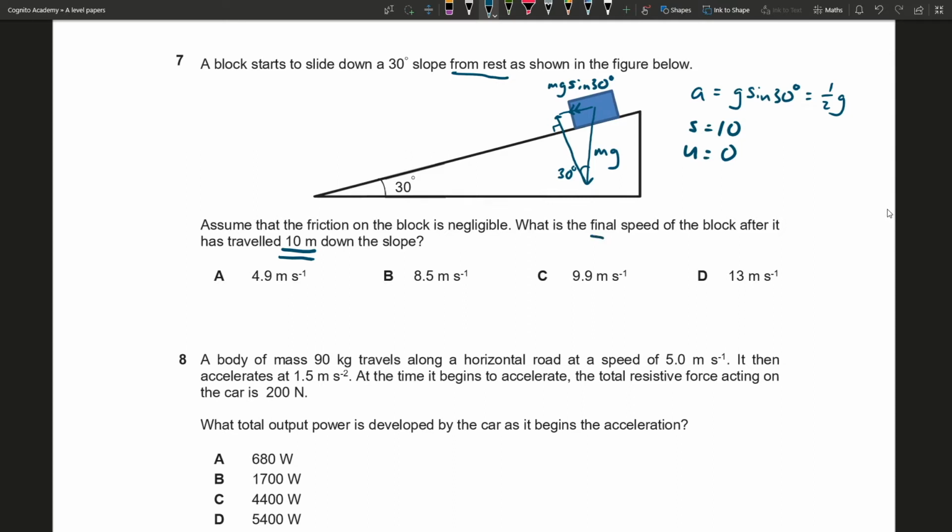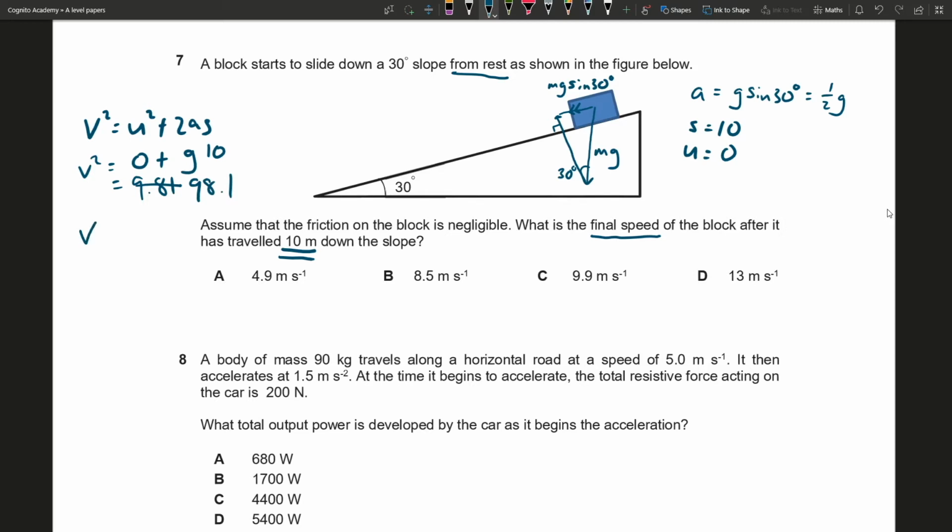To get the final speed, we use this equation, which by the way is also found in the formula sheet. v squared equals u squared plus 2as. u is 0, and in 2as, the 2 and the half cancel out. So g times 10 meters equals v squared, which is 9.81 times 10, which is 98.1.